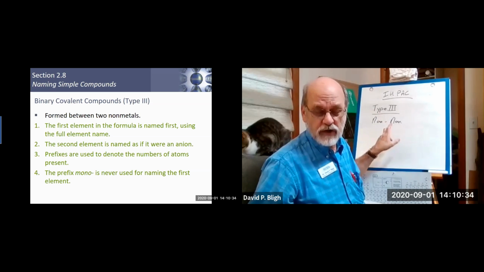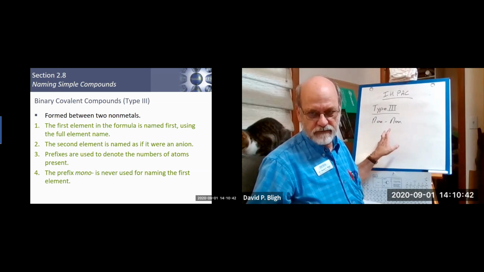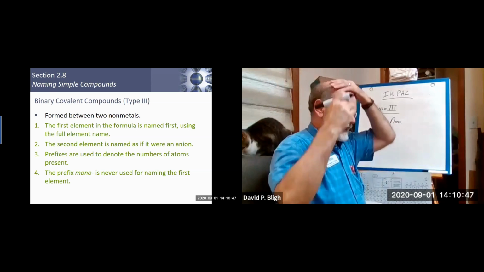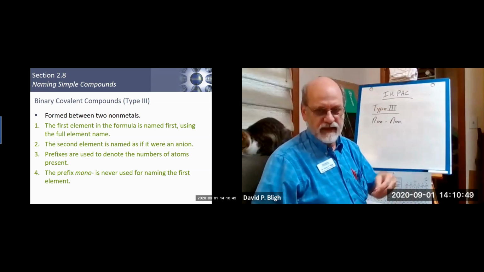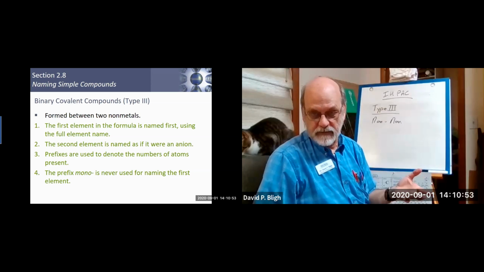And another characteristic of these compounds is they are always covalent bonds. So you don't have ions to deal with. So since you don't have ions to deal with, the name cation anion has no meaning.